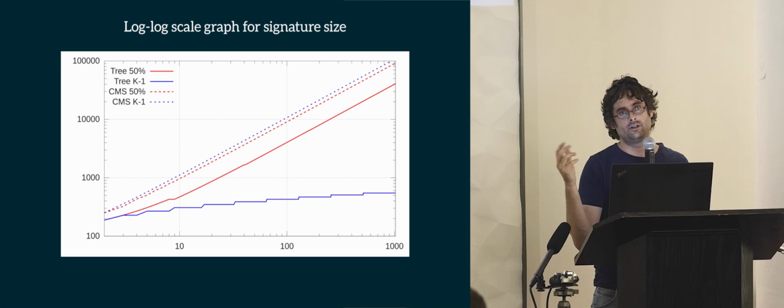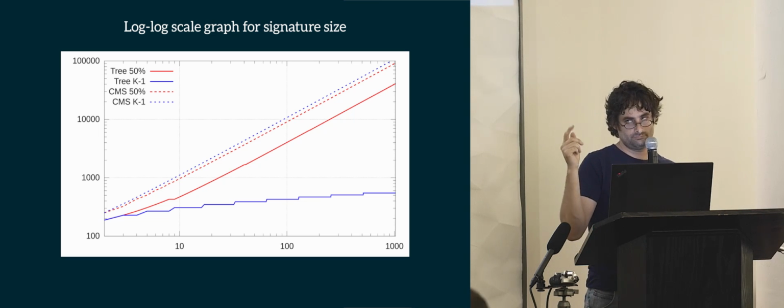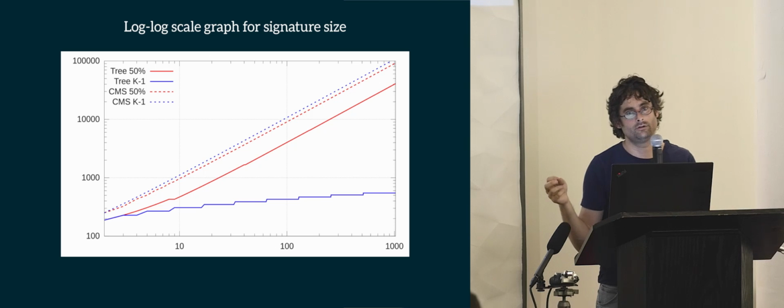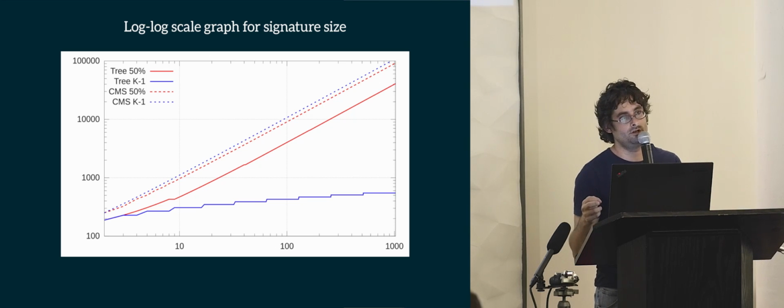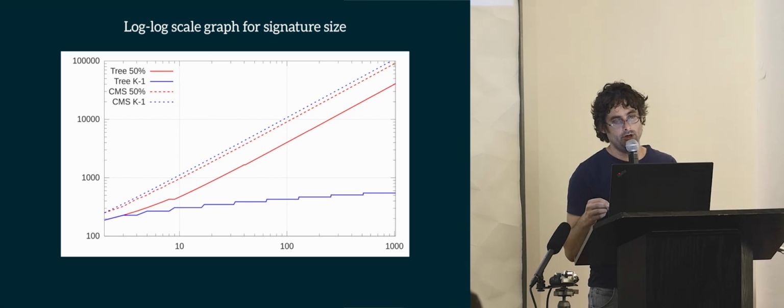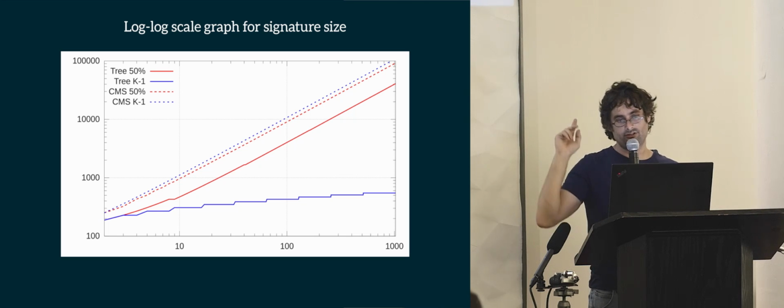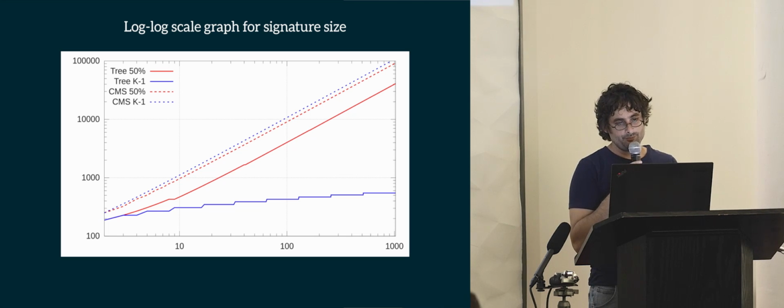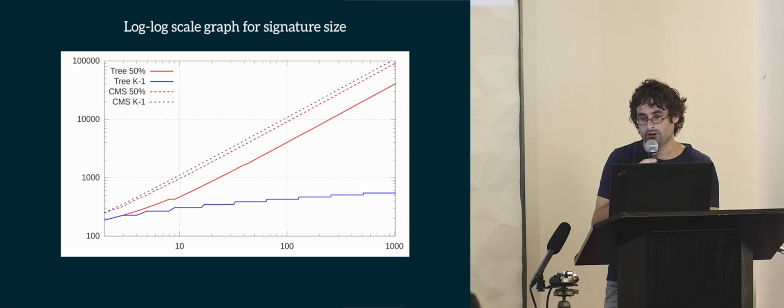For Check Multisig, the worst situation is where you have the number minus 1. So 19 out of 20, 9 out of 10, and so on. So that's the blue lines. And then the dotted lines are Check Multisig, and the full lines are tree signatures.